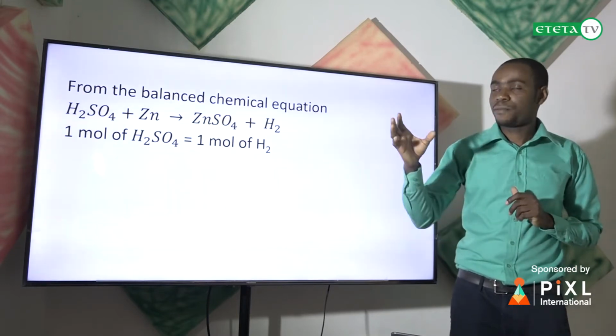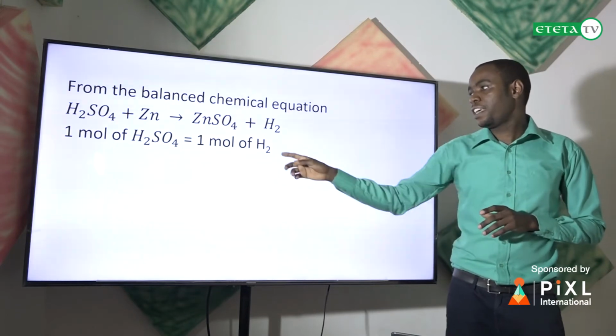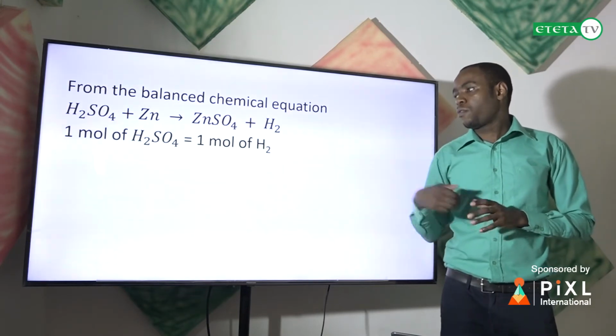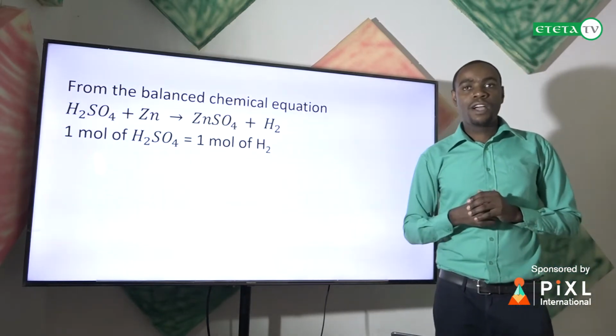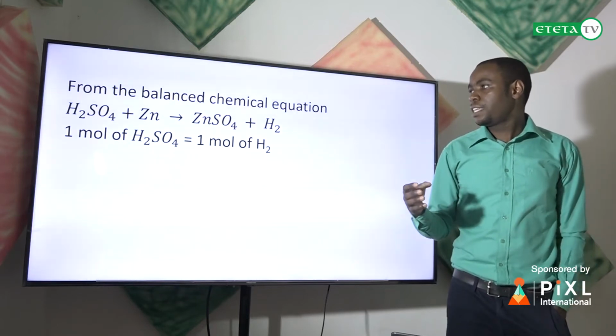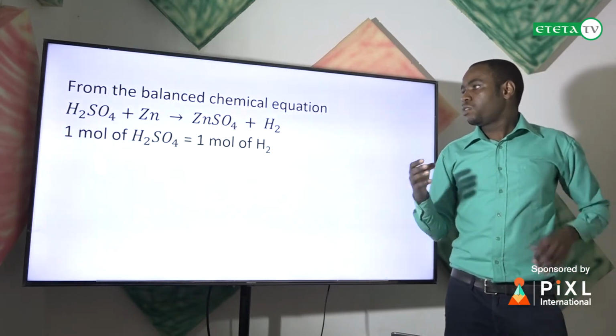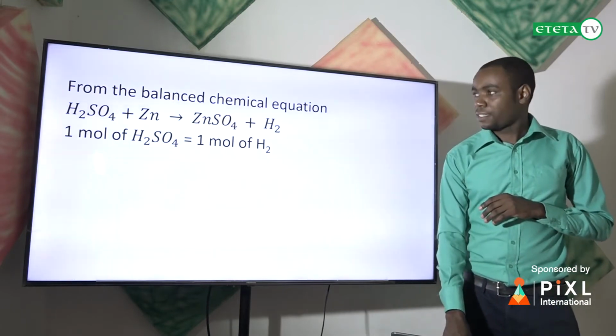We compare what you have been asked to calculate and what you have been given. You have been given the amount of hydrogen gas, then they want you to calculate the amount of sulfuric acid.